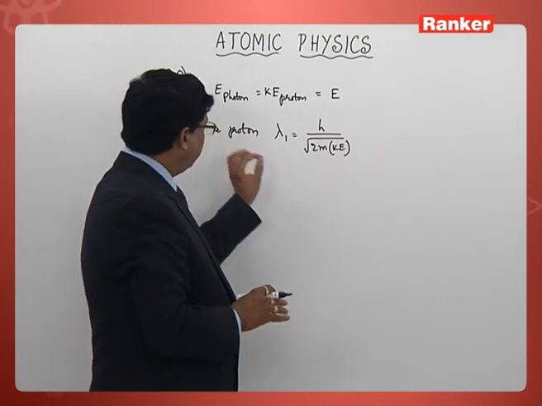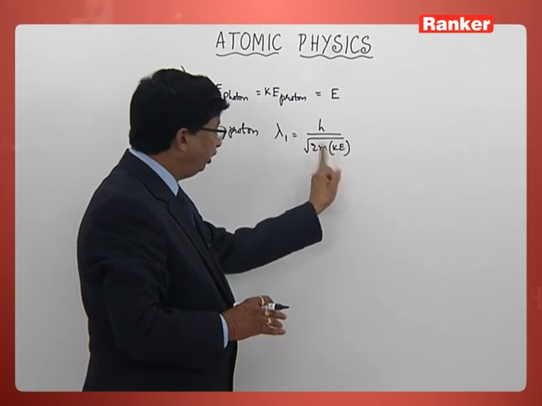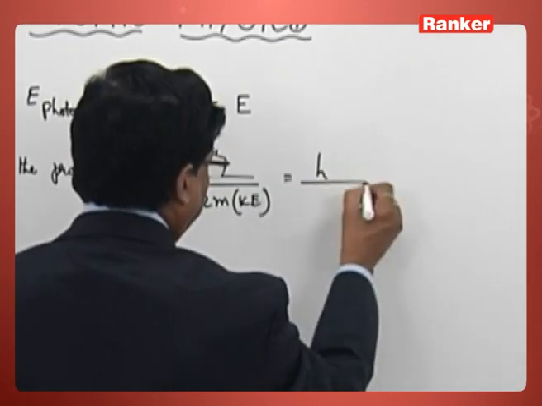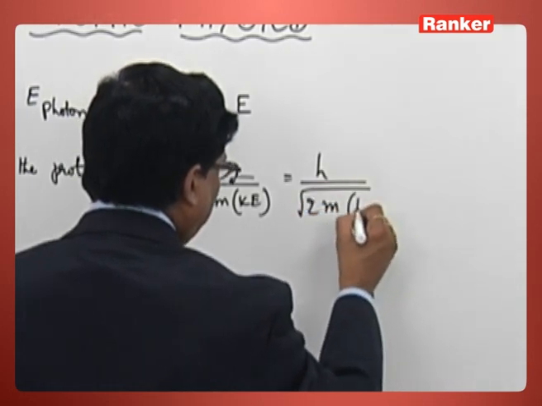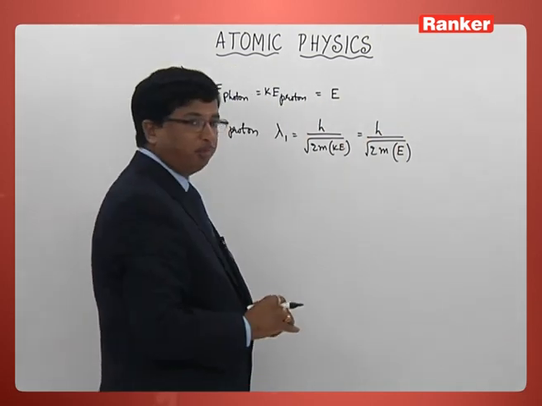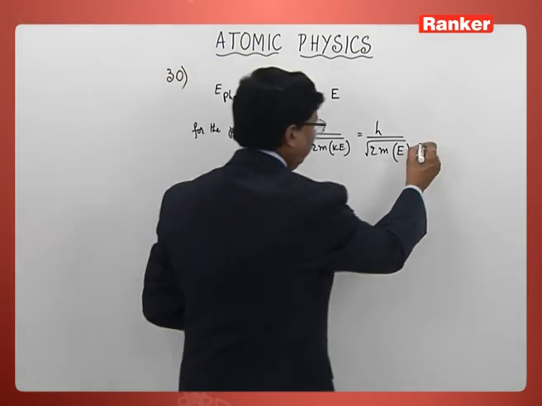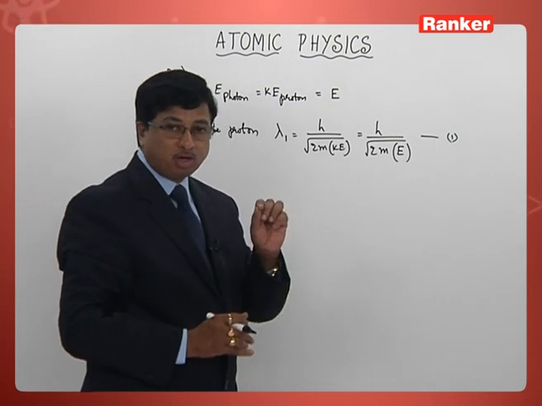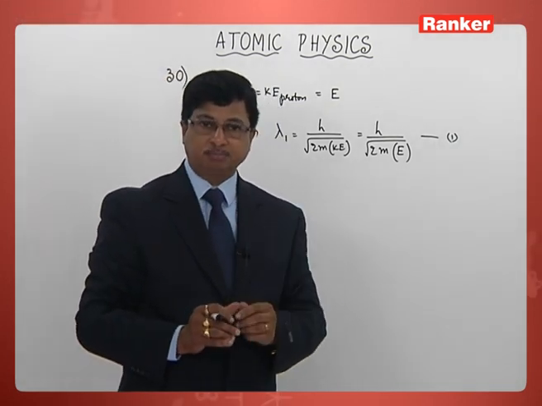For the proton, lambda is h by under root 2m into KE. I now rewrite the same as h by under root 2m into E, because he has already mentioned the kinetic energy of proton is equal to E. So this is my first equation as far as proton, which is the particle, is concerned.